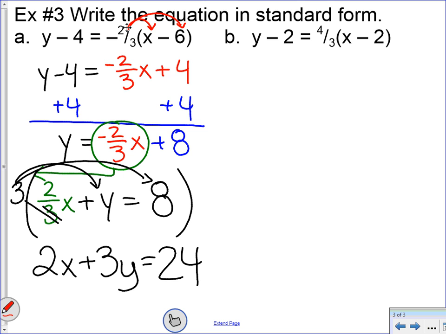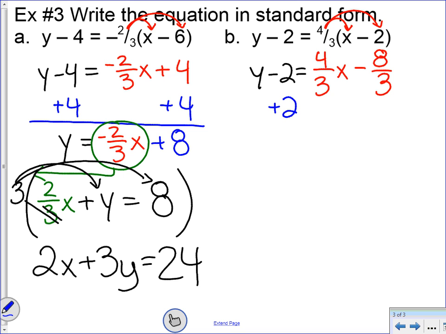And finally, let's look at the last one. Pause here if you want to attempt this one on your own. 4 over 3 times x is 4 over 3x, and then 4 over 3 times negative 2 is negative 8 over 3. Bring down your y minus 2.